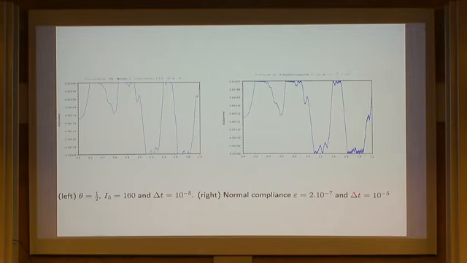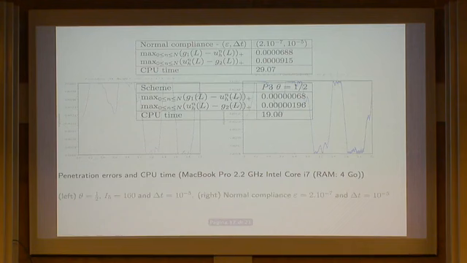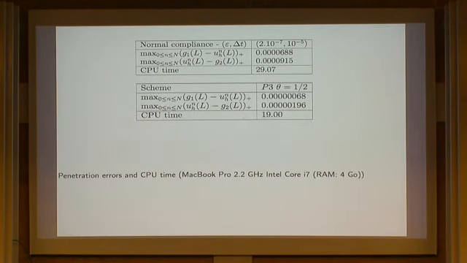We can see that the global behavior is the same, but here we have some numerical instabilities which appear when the time grows, and which are due to the fact that epsilon is not small enough to accurately approximate the unilateral constraints. Indeed, if we compute the maximal penetration into the obstacle with a normal compliance approximation, we get something which is not so satisfying.